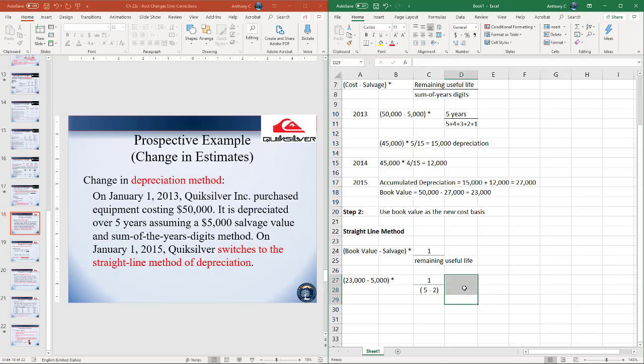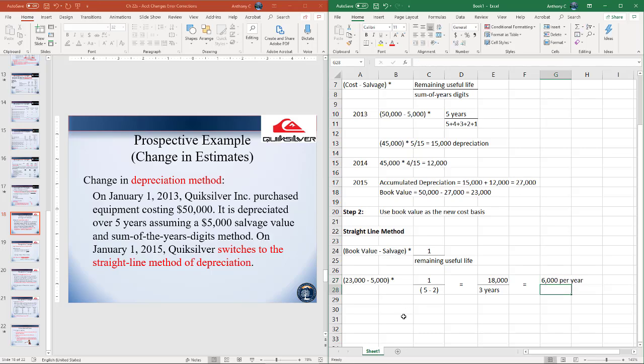Right, so if we multiply this out, we end up with 18,000 over 3 years. So we end up with depreciation expense of $6,000 per year.